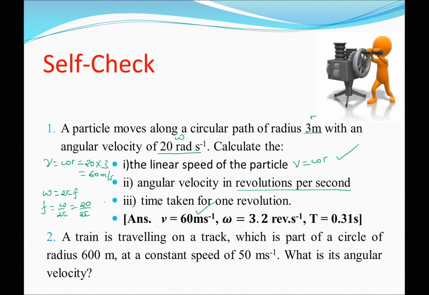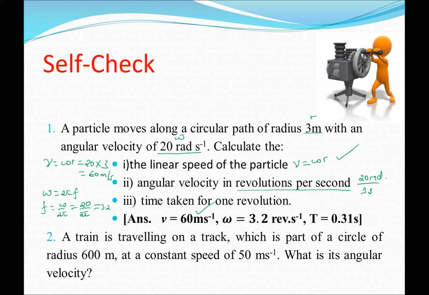So let me check. 20 divided by 2 pi gives me 3.2. So revolutions per second is the same as hertz. So this gives you 3.2 revolutions per second. Alternatively, you can just convert 20 radians per second into revolutions per minute. So 20 radians divided by 1 second.